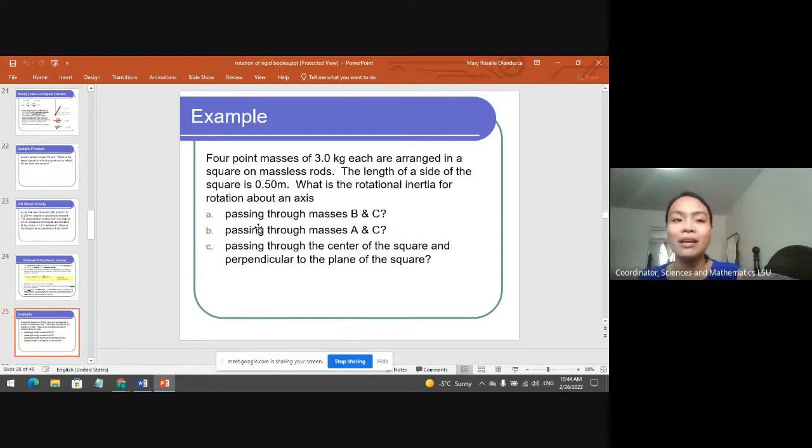So let's have this example. This is a very easy example. It simplifies the examples that are in your module, so we are going to discuss this so that you can understand your module properly. Kindly take a screenshot or a photo of the problem so that when I share my lecture notes, you can glance at the problem.